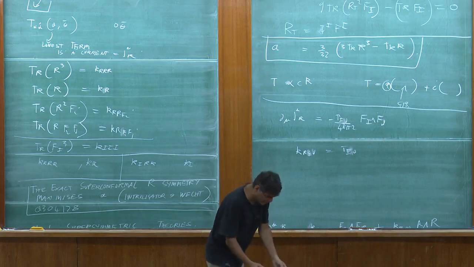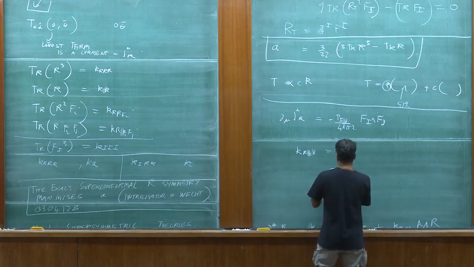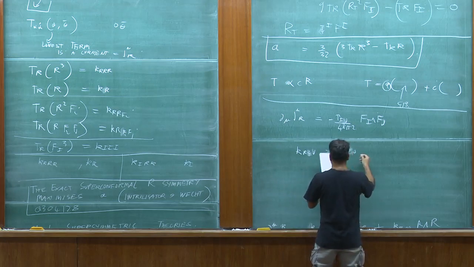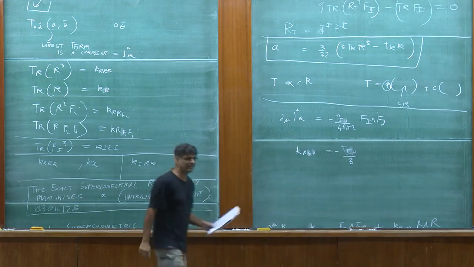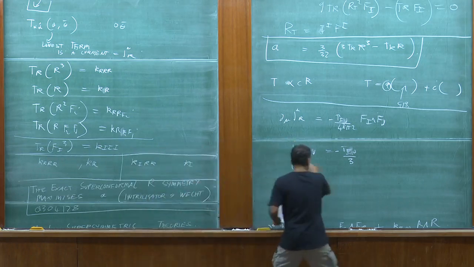Okay, so this equation tells us that this is, and if you work it out, minus tau ij by 3, whatever, the 3 doesn't matter. Okay, so this is great.